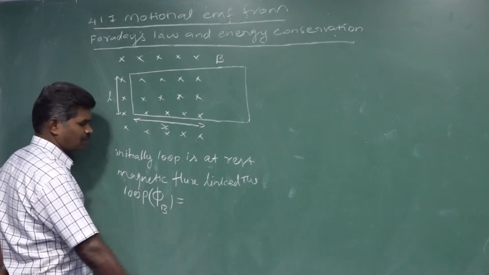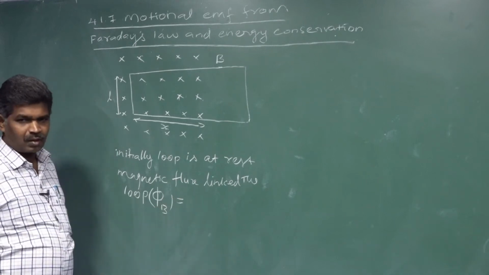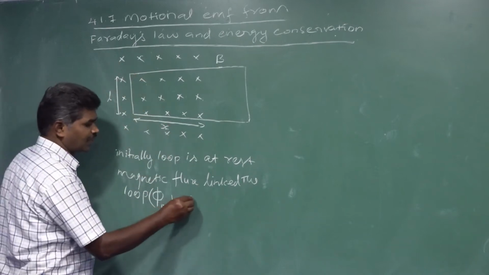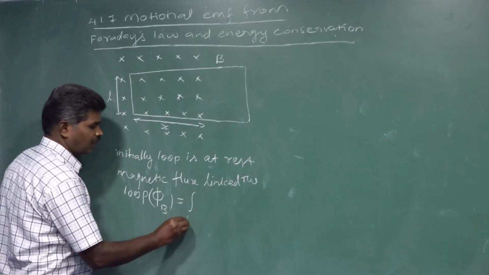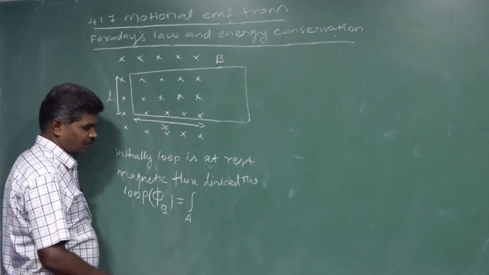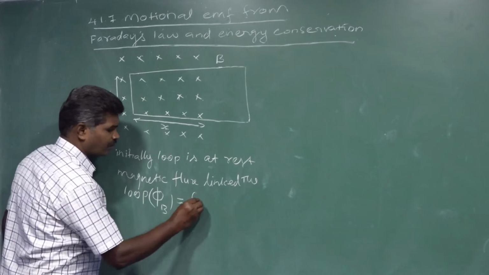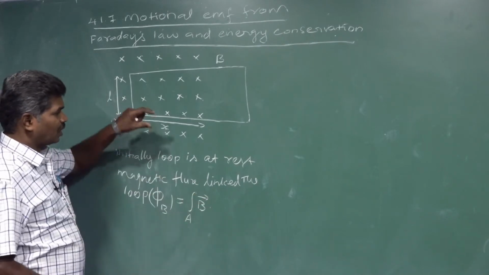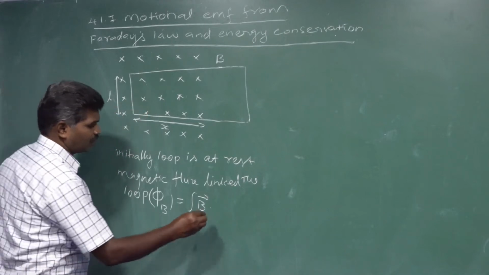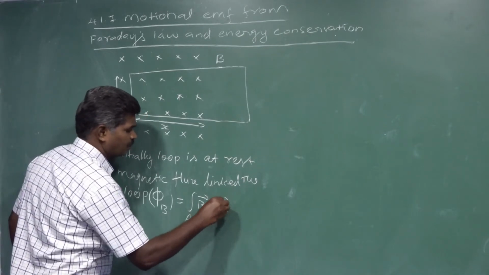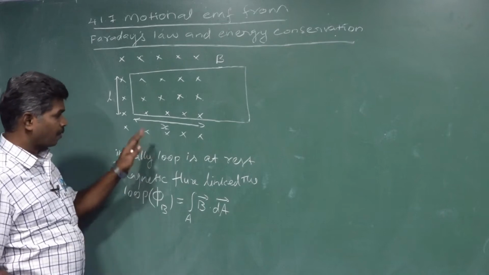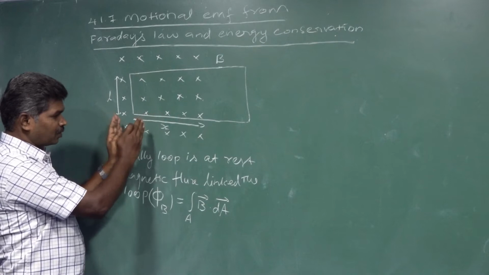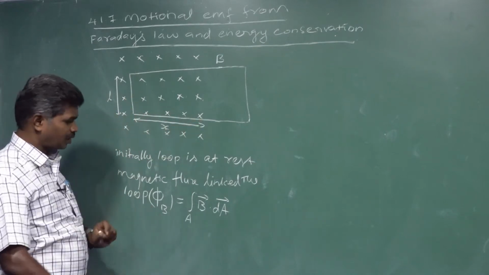According to our flux equation, to find the total flux we use integration. For a certain area, the flux linked is the integral of B vector dot dA vector, where we take a small part of the area, dA vector. Initially the loop is at rest, with part of the loop inside the magnetic field and part outside.